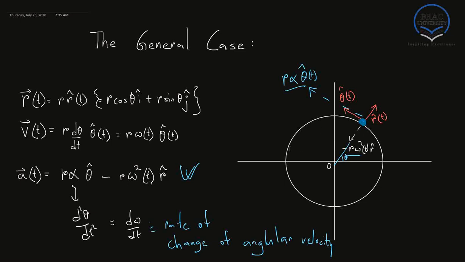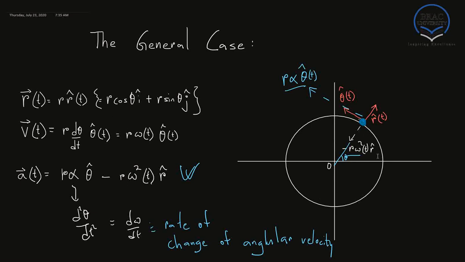So hopefully at this point the roles of both r alpha and r omega square are clear: alpha is the angular acceleration, r alpha gives you the tangential component of acceleration at some instant in time, and r omega square is the centripetal one that's causing the particle to stay in a circular trajectory.